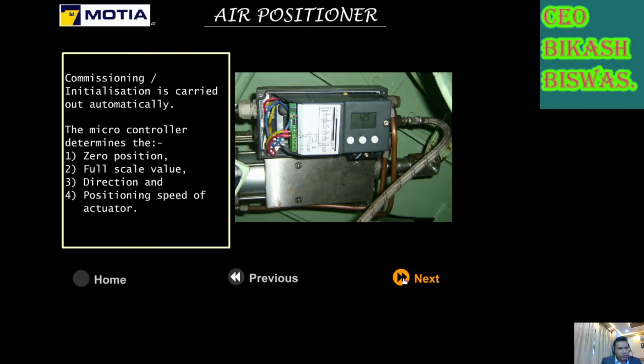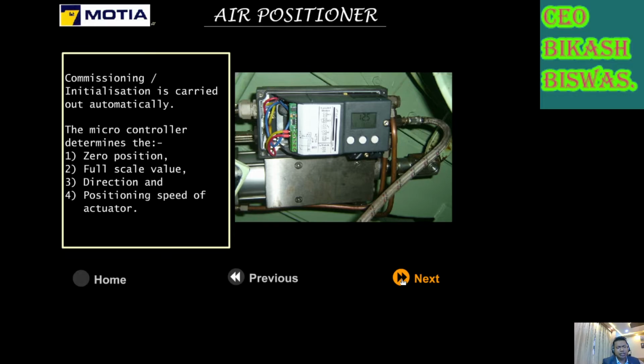So now, how the commissioning or initialization is carried out. Before initialization is carried out, please take out this CPAT IP positioner from the box, as it will be supplied on board, and there will be instruction. So please follow the instruction before doing it, because there are some programs you have to save in your new positioner as per the boiler or the combustion controller boiler panel.